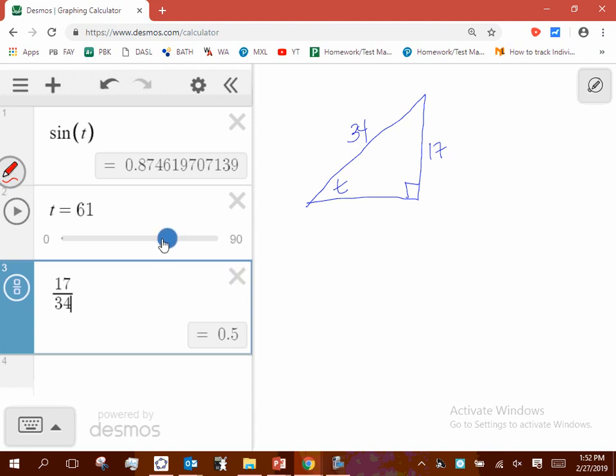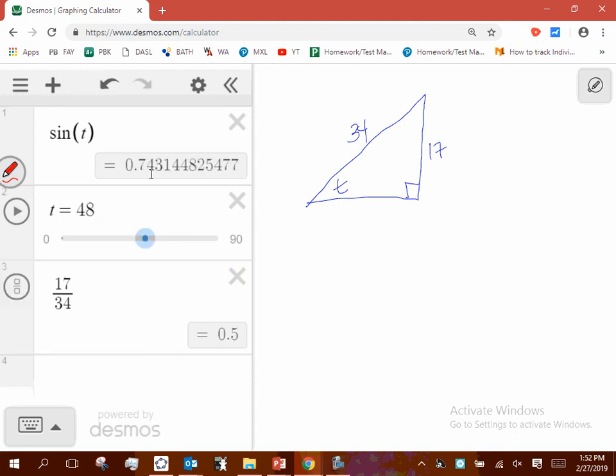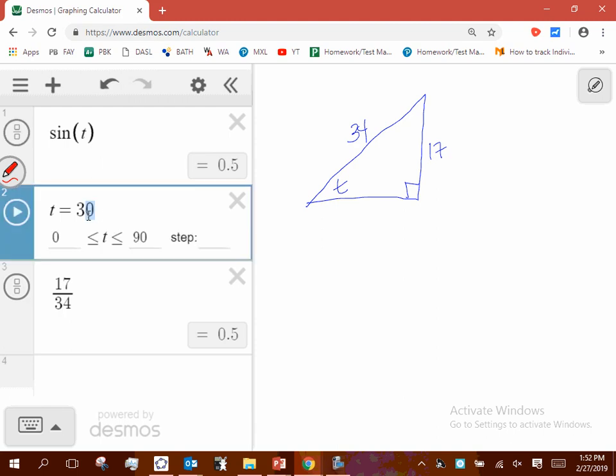If I were to take this slider and try to make this number here 0.5, I should be able to do that. What does it tell me T had to be? Had to be 30, right? So the idea of what we're doing here is the sine inverse, cosine inverse, tangent inverse are going to allow that 30 to pop up on my calculator, okay?